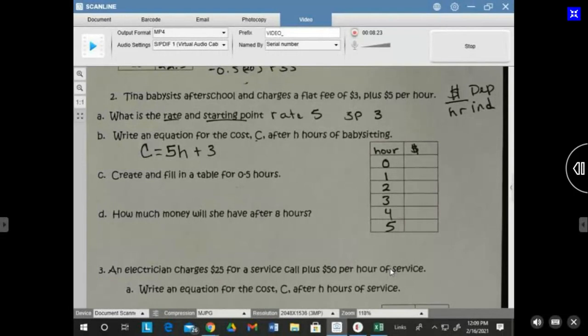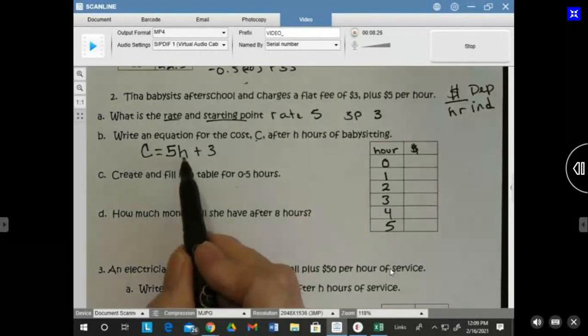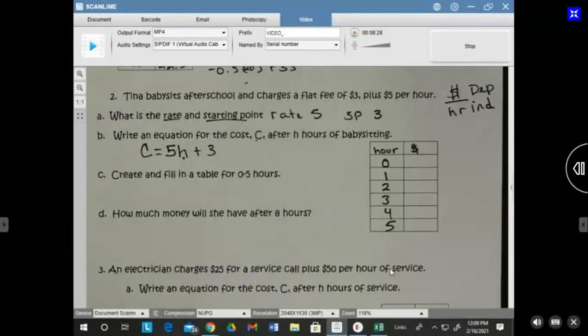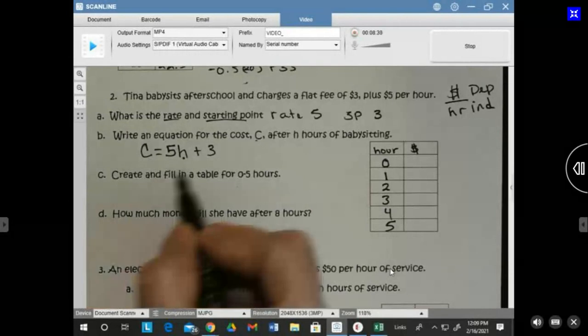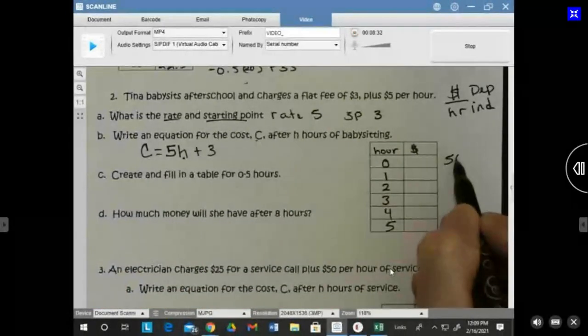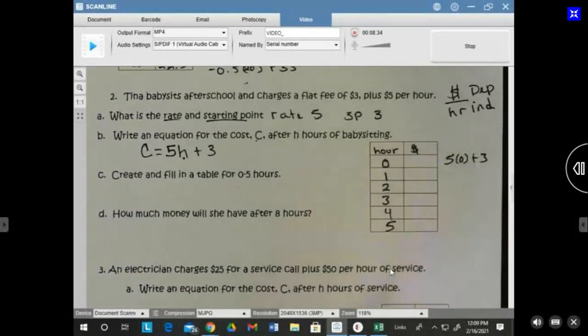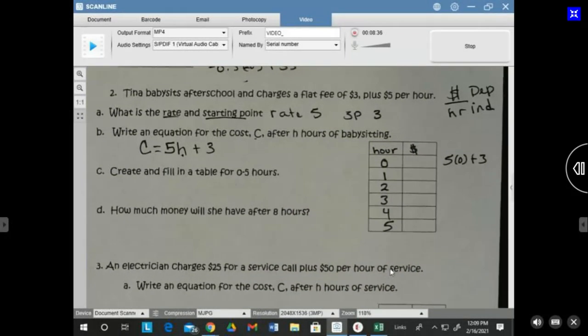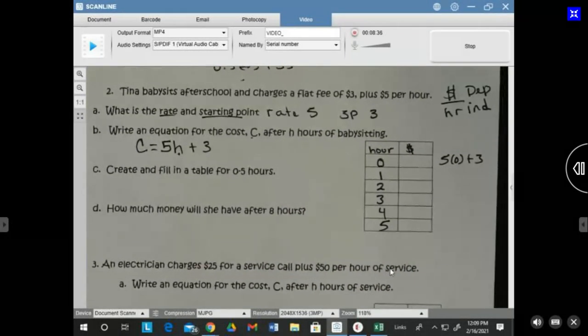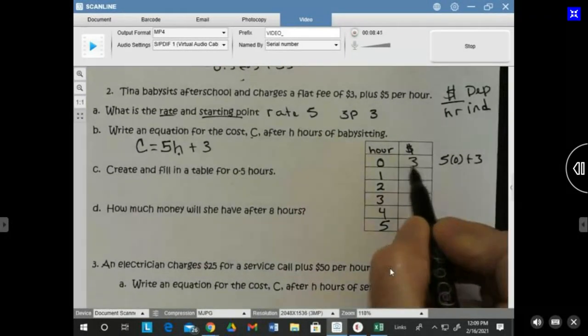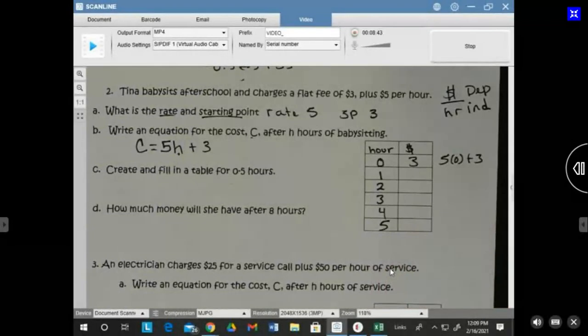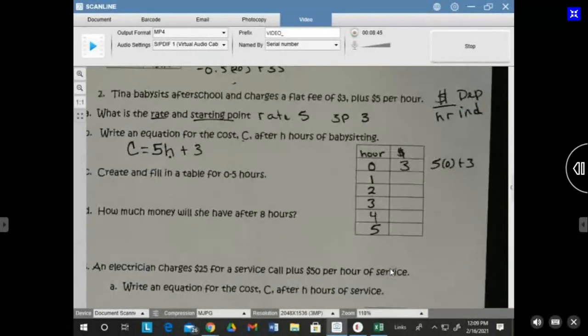All right. Hours. H. If I have 0 hours, I have 5 times 0 plus 3. What do I get for dollars? Probably don't need your calculator on this one.